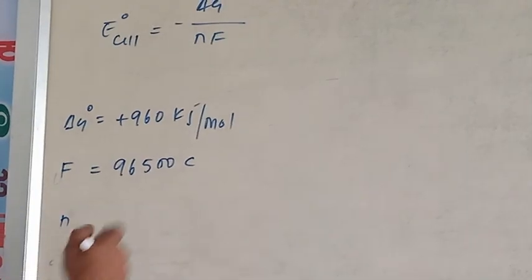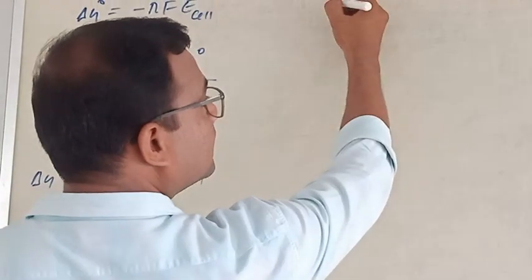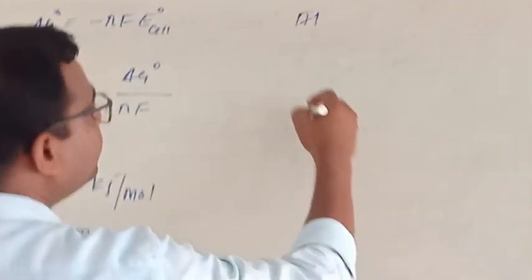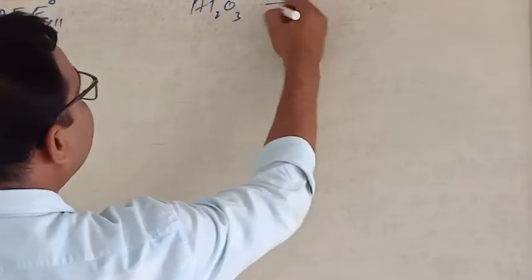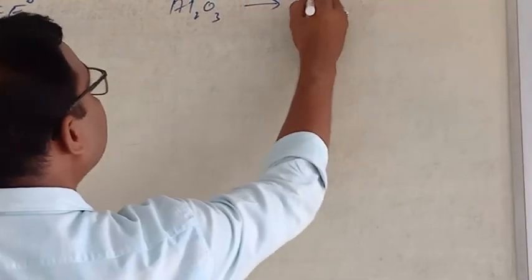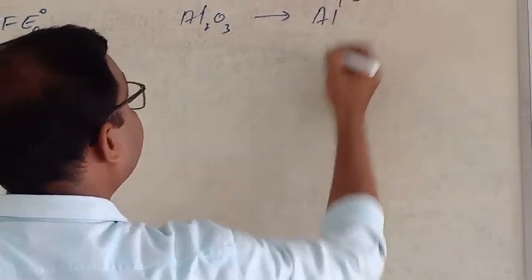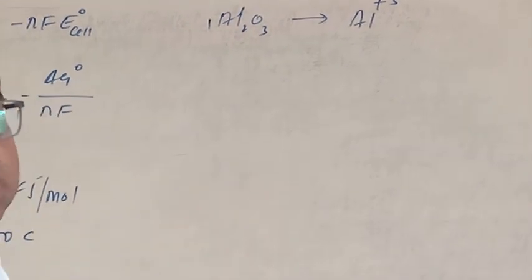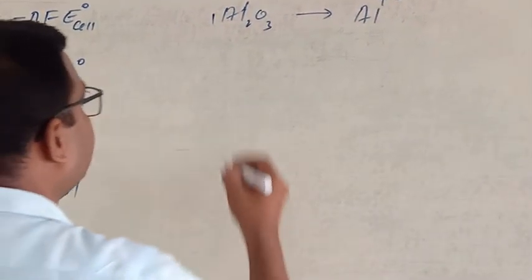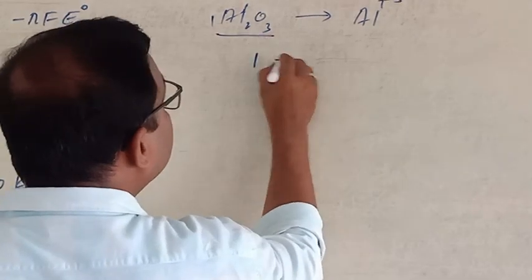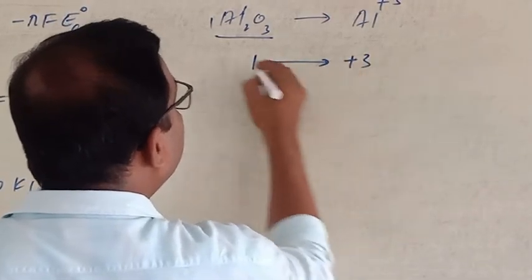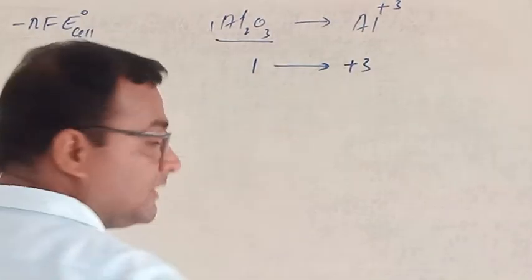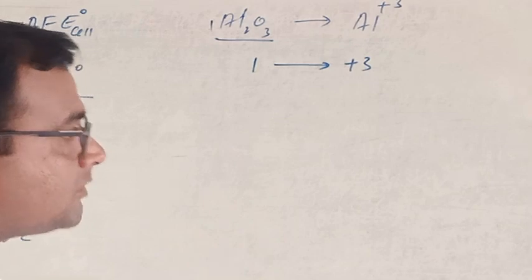Let's write the equation. The charge of aluminium in the aluminum oxide is plus 3. For 1 aluminum oxide, the charge of aluminum must be 3 plus. Given is how much? 4 by 3.